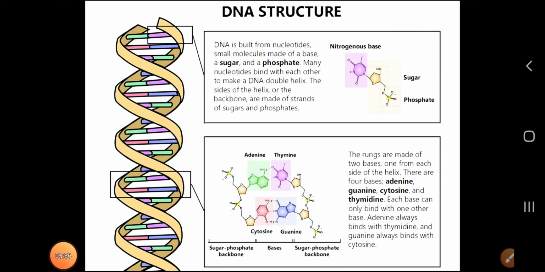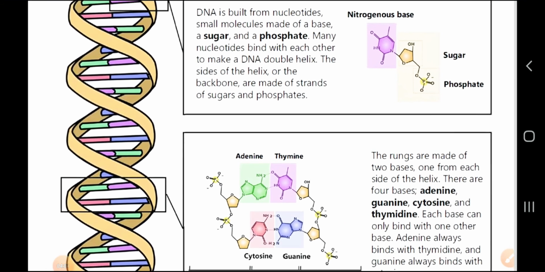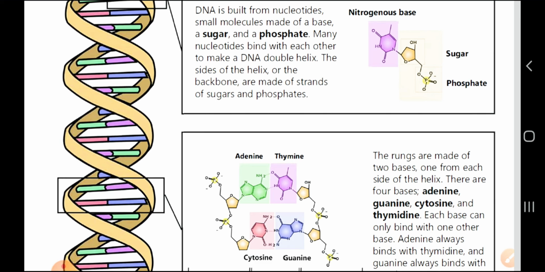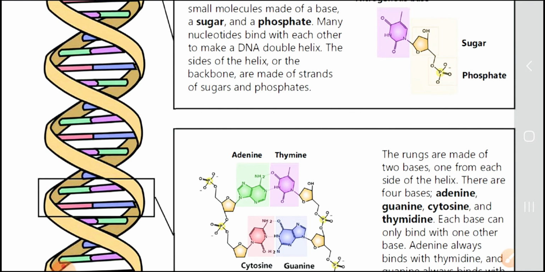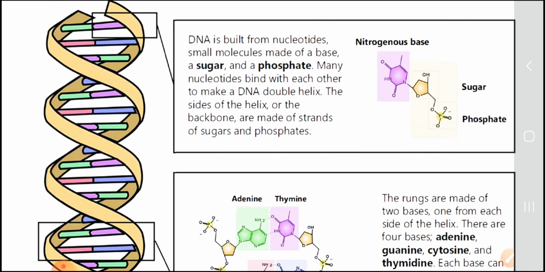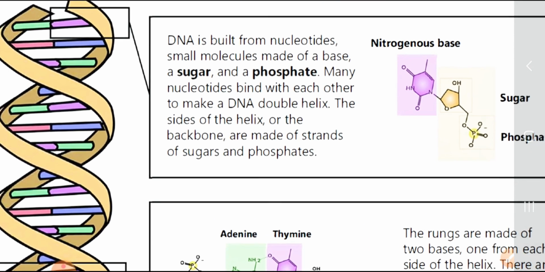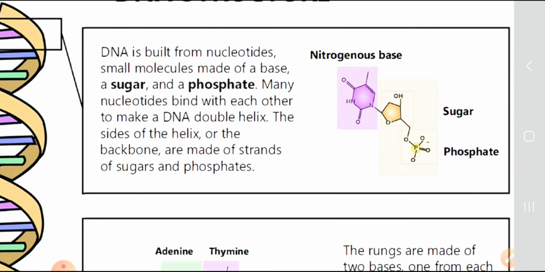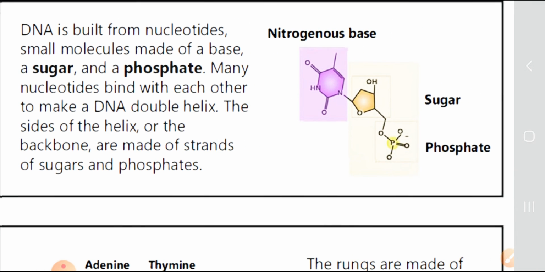So now I'm going to talk about the basic structure of DNA. DNA is built from nucleotides, small molecules made of a base, a sugar and a phosphate, and many nucleotides bind with each other to make a DNA double helix.